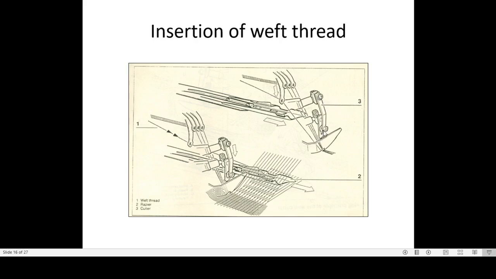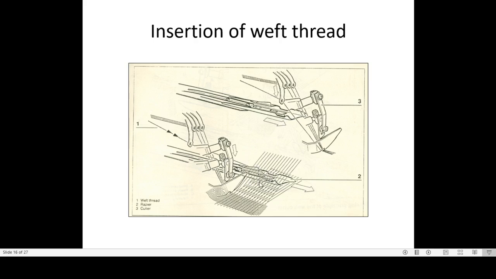When the weft comes, it is cut. In the first figure we can see the selector is down, so the weft is hanging between your left hand selvage and the cone or selector. This finger down means the left hand rapier is coming forward and it grips the weft here. So you can see your weft is gripped here.